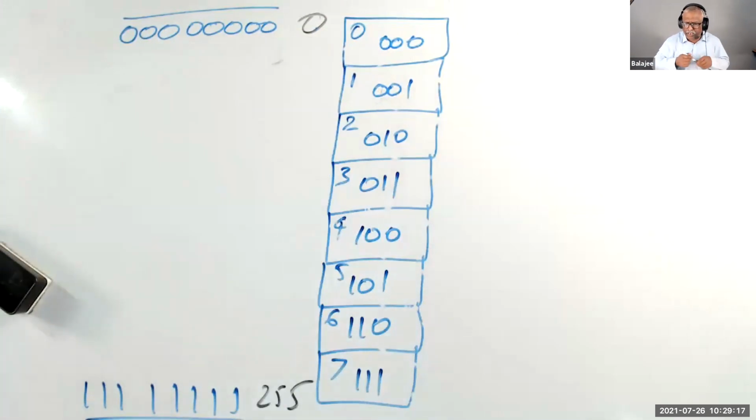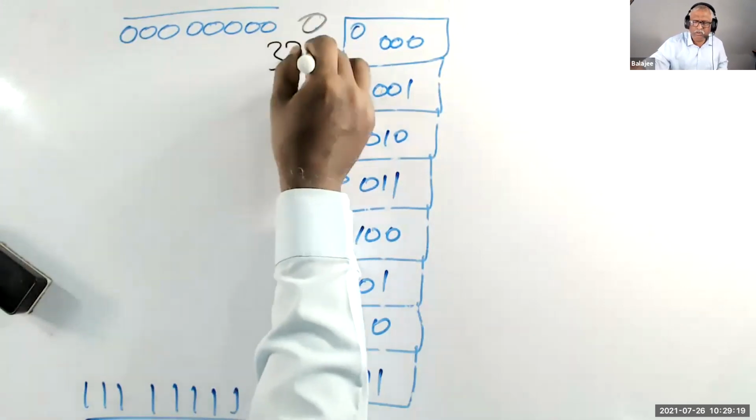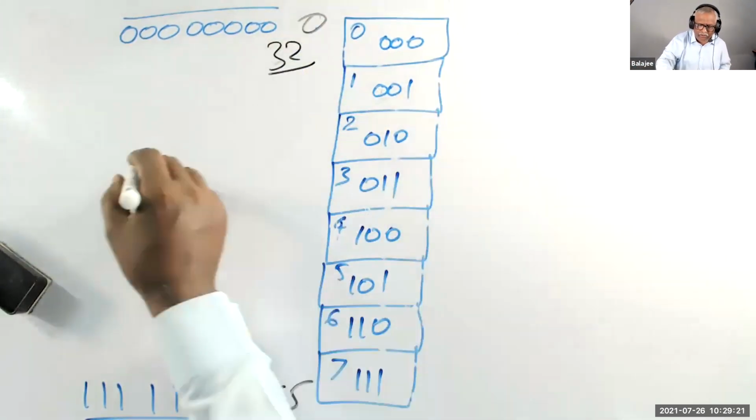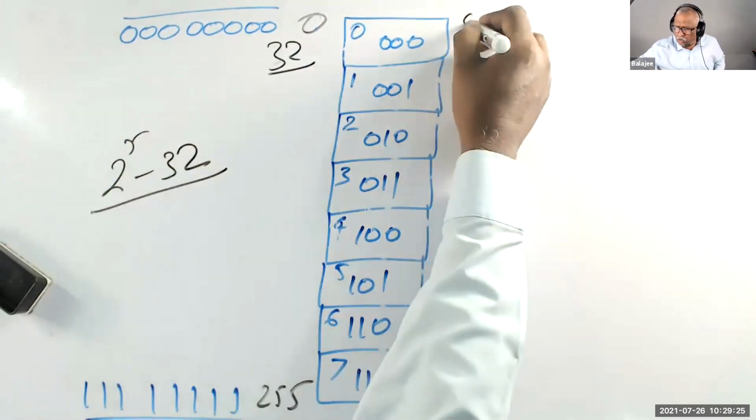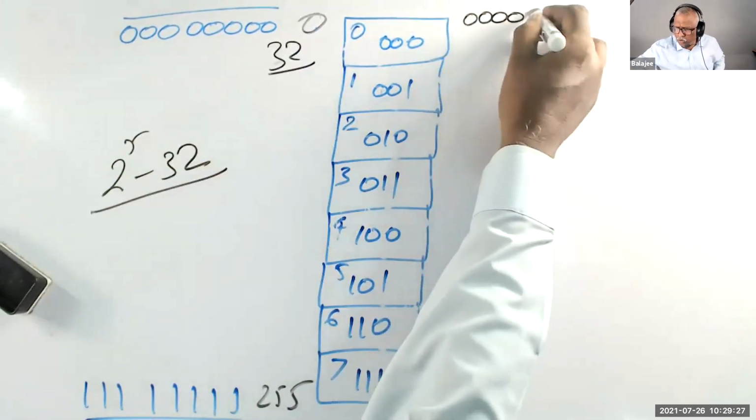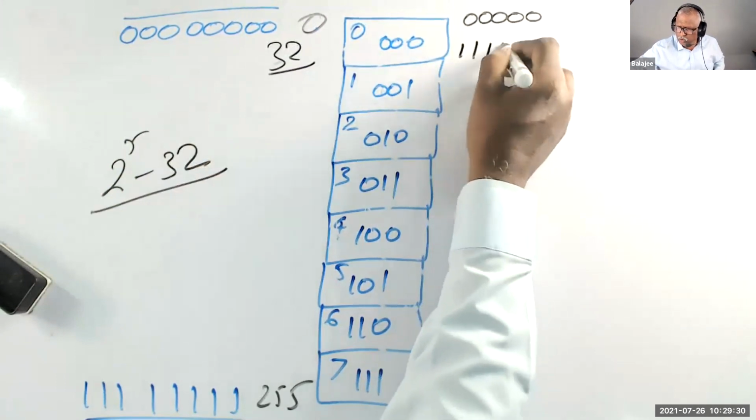Since it's 32 pages, 2 power 5 is 32. So we start from 0 0 0 0 0 and the end is 1 1 1 1 1.